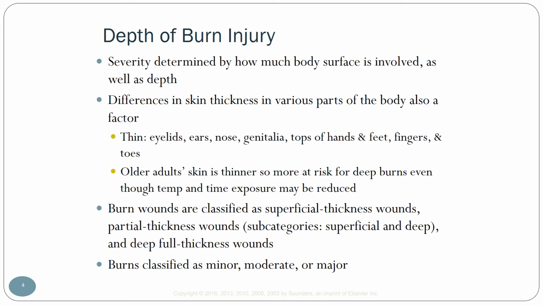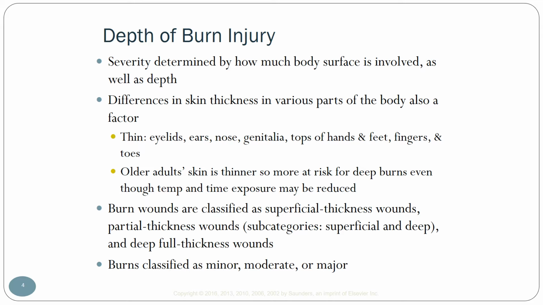Also consider that our skin is different thicknesses over different parts of our body. So a burn to the torso, where there may be extra dermis layers and extra adipose tissue, is going to be different than a burn, say, to the face or to the hand, where we have much thinner layers.